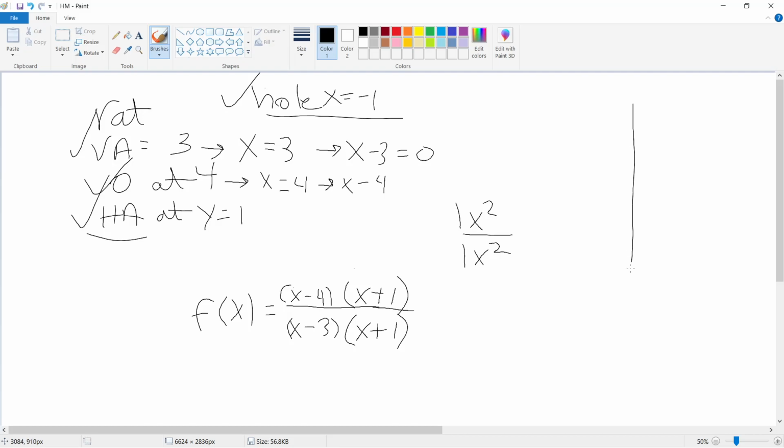So here's the function. I'm going to draw the horizontal asymptote at y equals 1. The vertical asymptote at x equals 3. Just approximately. And then I've got my zero at 4. That'll kind of remind you what the shape of this has to be.